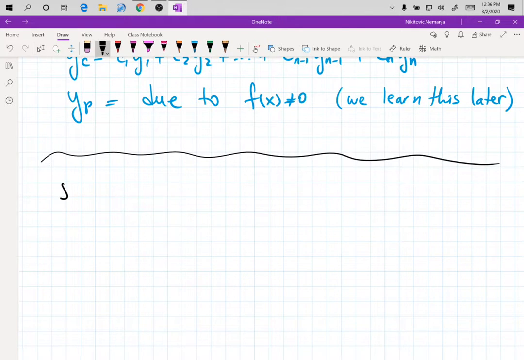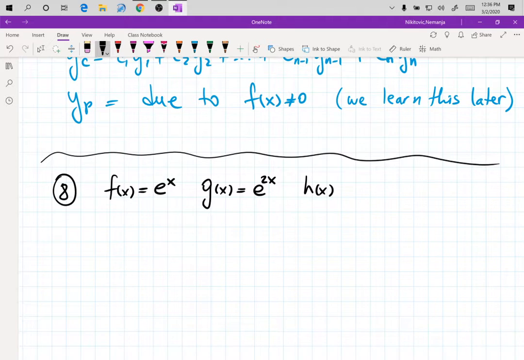So problem 8 has no coughing. Didn't we say that? F of x. We live in the times when the cough kills. So h of x equals e to the 3x. Work out the Wronskian for this.